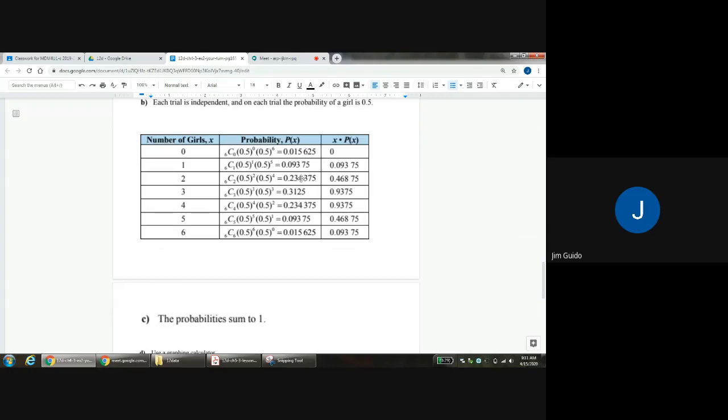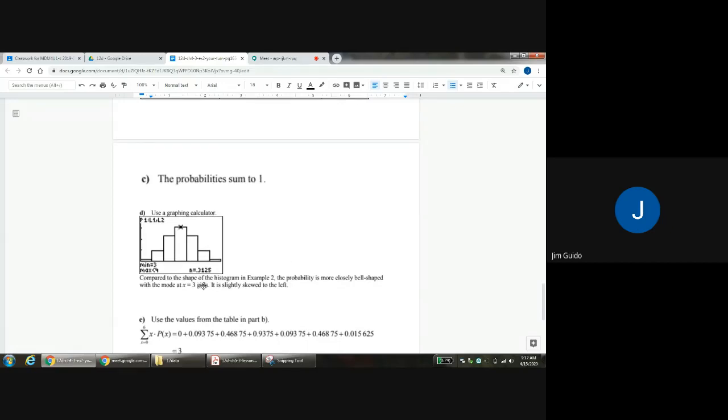And then we have 1, 2, and 3. And actually, looking at the probabilities, it is symmetrical. The peak is at 3, and then it symmetrically decreases left and right of the peak. So at first, it appears to be slightly skewed left, but it's actually perfectly symmetrical, which makes this a perfect bell-shaped curve. Another name for this is a normal distribution.